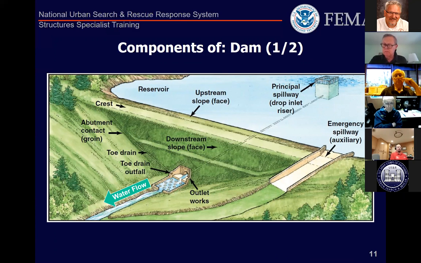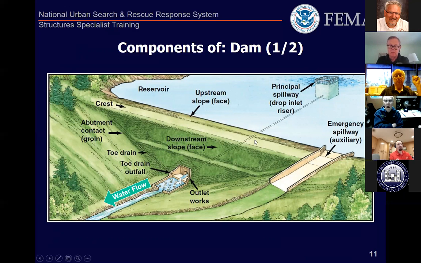So what are the components of a dam? This is where we start getting into some nomenclature where you may hear different names that mean the same thing, as Jeff had mentioned with the dike versus a levee. A typical embankment for an earthen dam, as shown here, has your crest, the top of the dam, and your abutment or contact, your groin, where the dam ties into the natural landscape to either side.